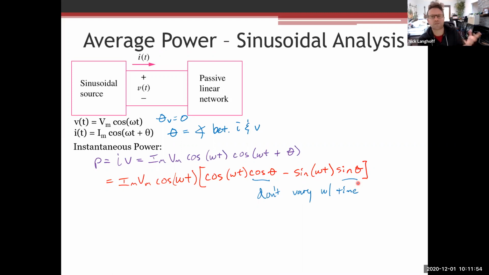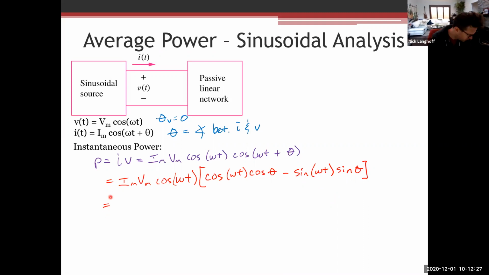Let's say that the voltage and the current are out of phase by 45 degrees. The cosine of 45 degrees is just a constant number, a scalar. So it doesn't vary with time, unlike the cosine omega t that does change with time. What's helpful is for us to separate out the parts that do vary with time and the parts that do not.